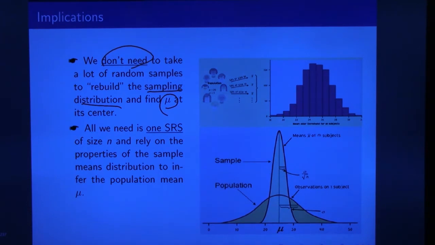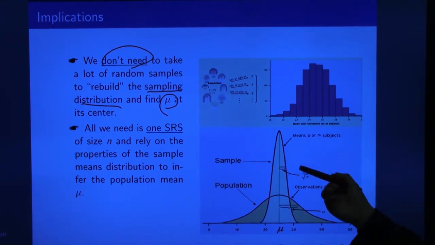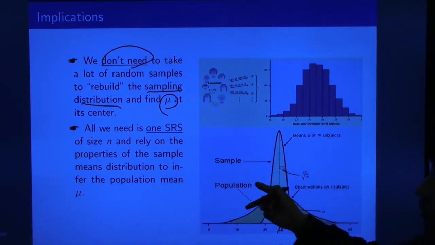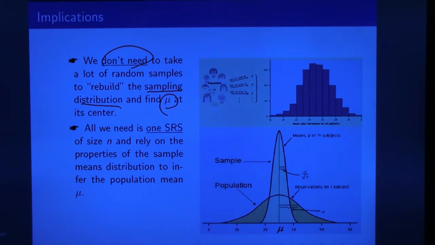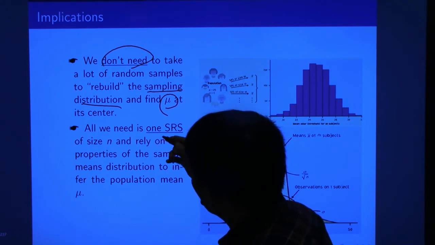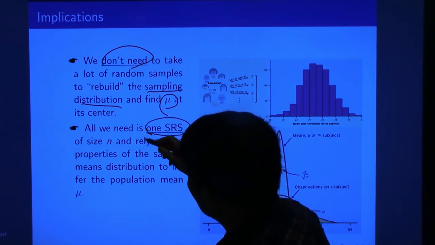The key here is we don't know the sampling distribution because we have only one sample. We cannot compute the mean of the sampling distribution because we don't have it. So we can only estimate the population mean with only one simple random sample.